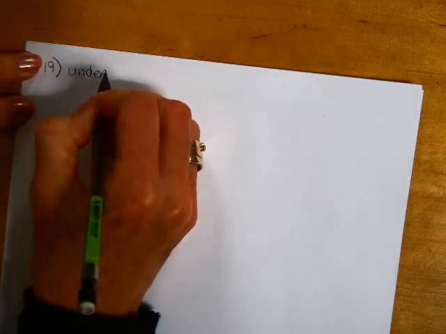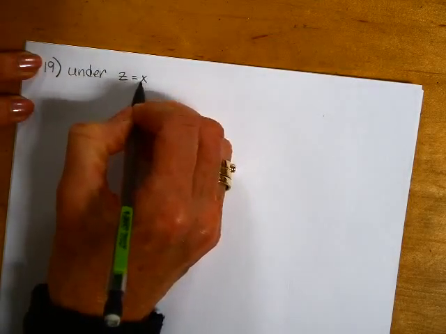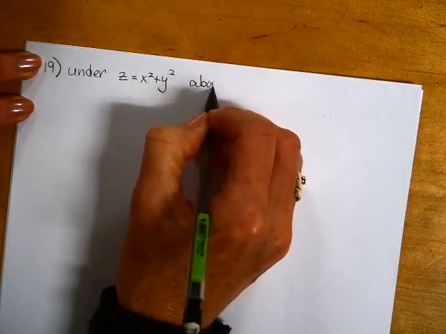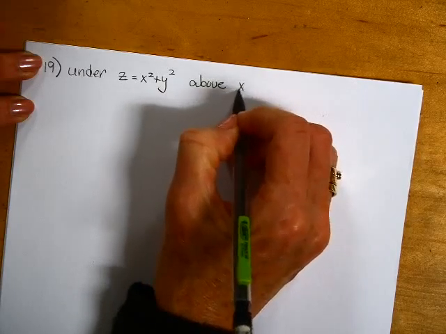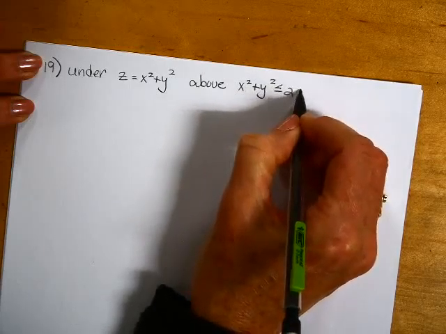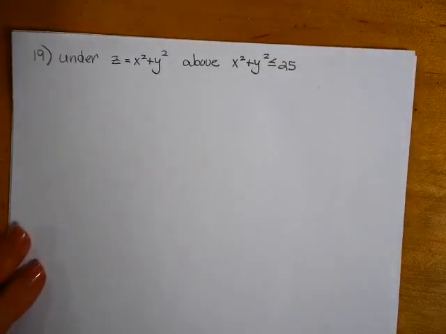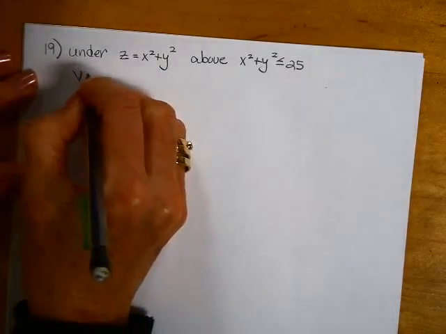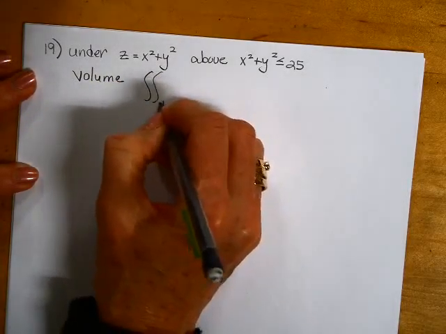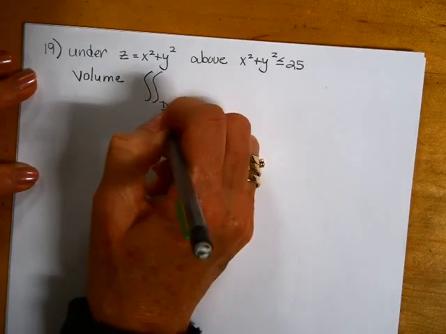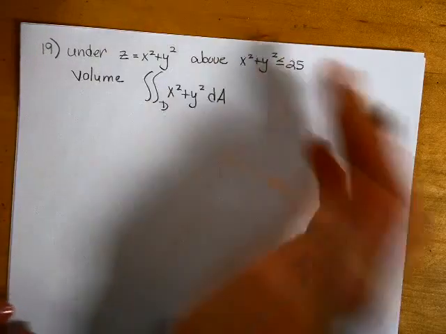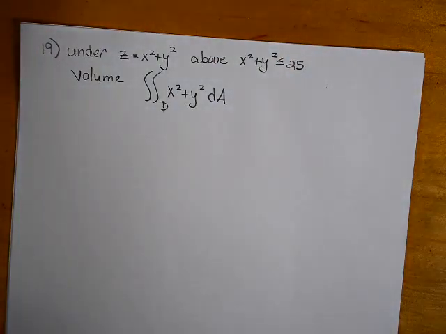It is under the paraboloid z equals x squared plus y squared, and above the disk x squared plus y squared is less than or equal to 25. They want the volume, which means we're going to do a double integral over the region D of x squared plus y squared dA. That's what it is in rectangular. Okay, that's to get your volume.